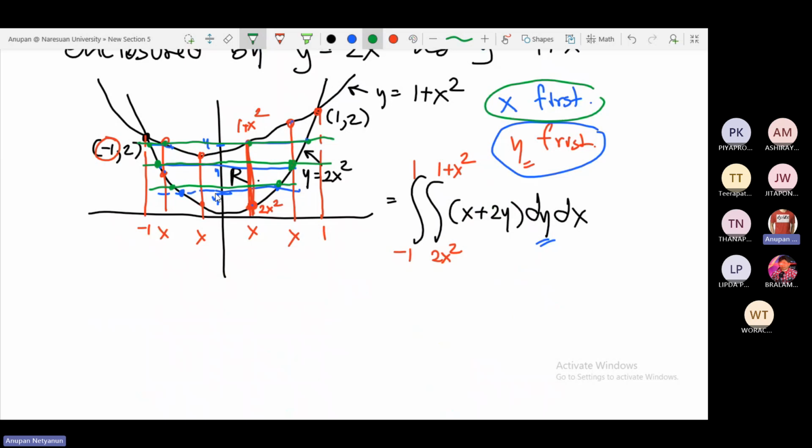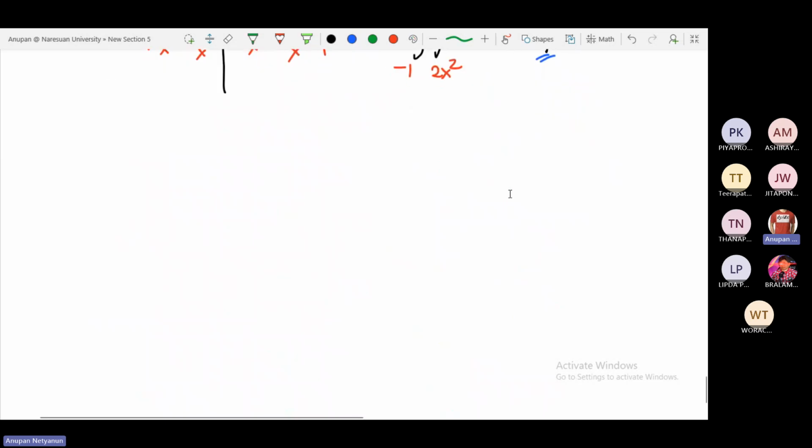It's going to be more complicated. So in this problem, I would want to integrate with respect to variable y first. This shows you that you decide which variable to go first by looking at the region. Now let me show you some more examples.